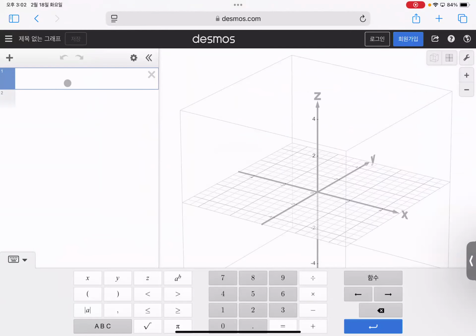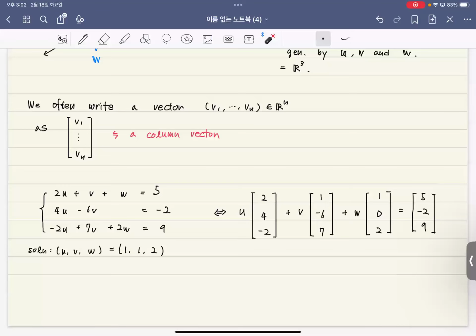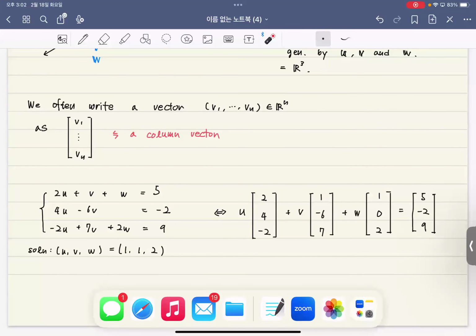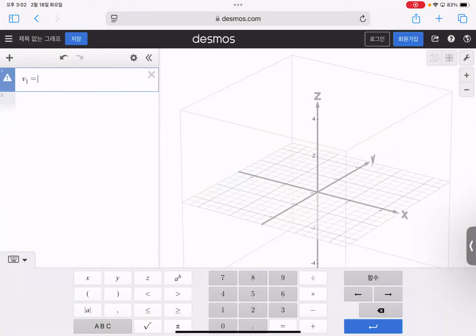So what was my first vector? Oh, sorry, I forgot. 2, 4, -2, 1, -6, 7, and 1, 0, 2. Okay, so V1 is a vector originating from the origin, and 2, 4, 2.